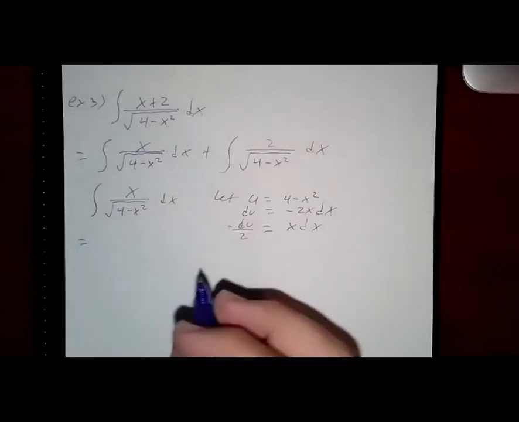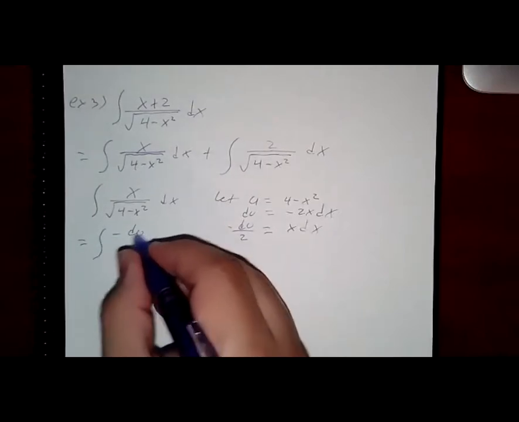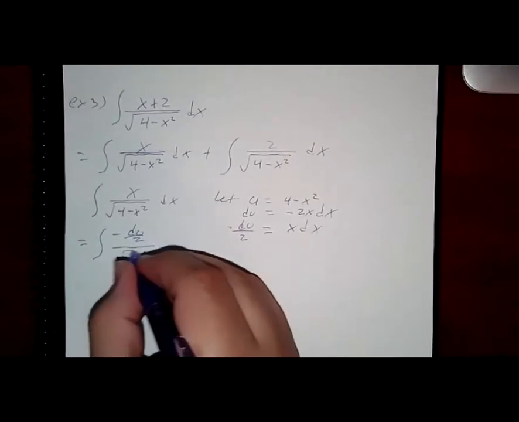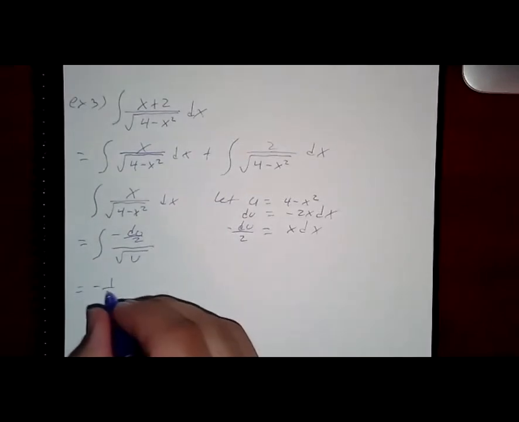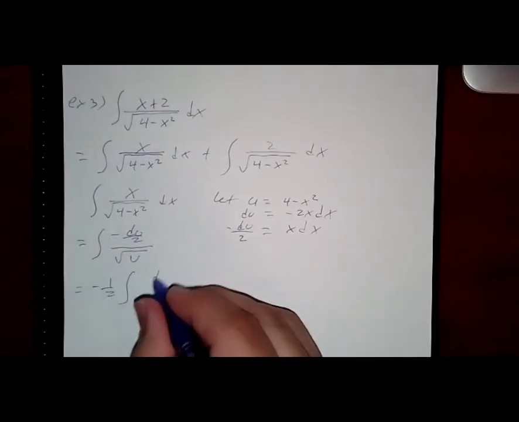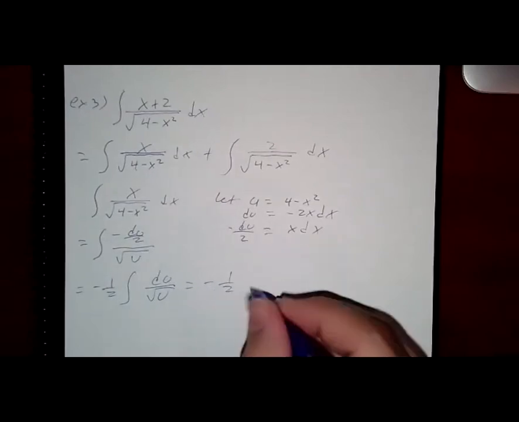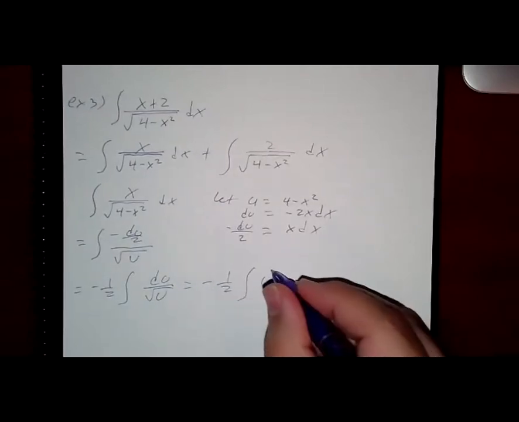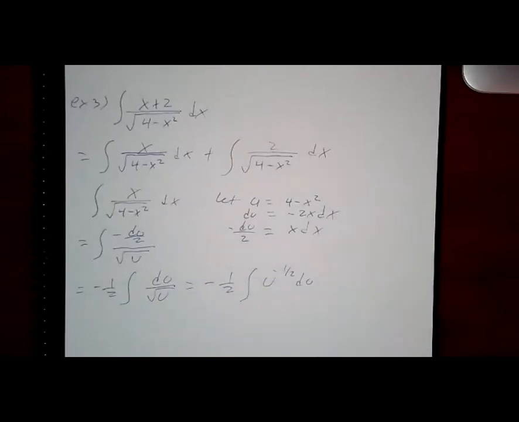So then this will give me a negative du over 2 over the square root of u, which is negative 1/2 integral of du over root u, which is just going to be u to the negative 1/2. So just a basic power rule, right?